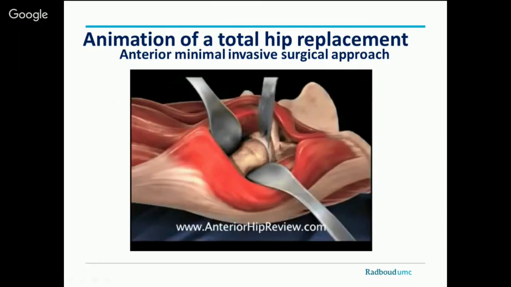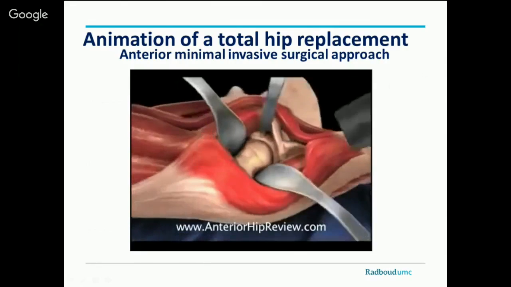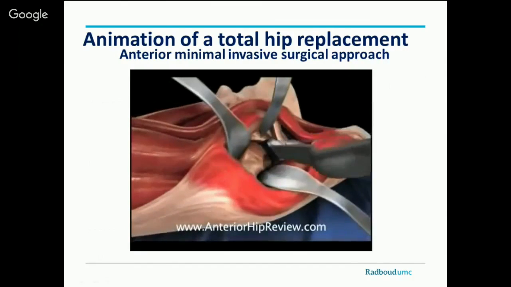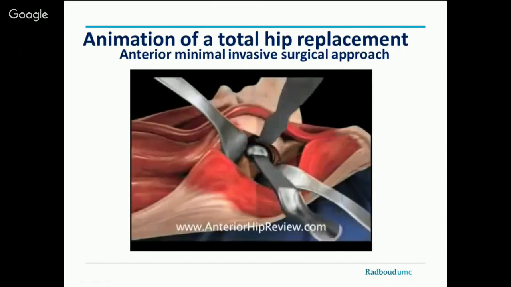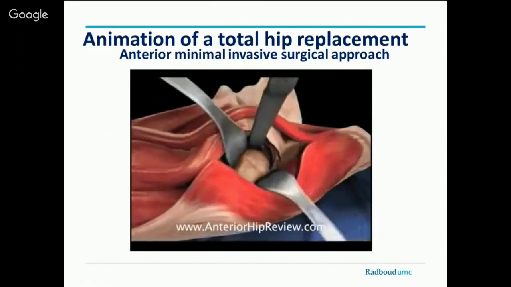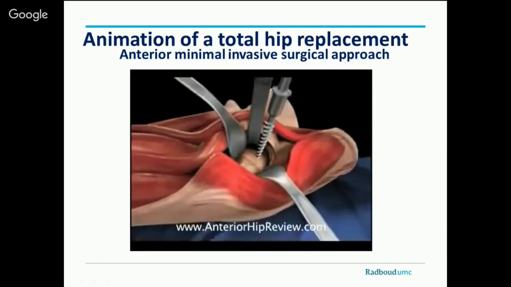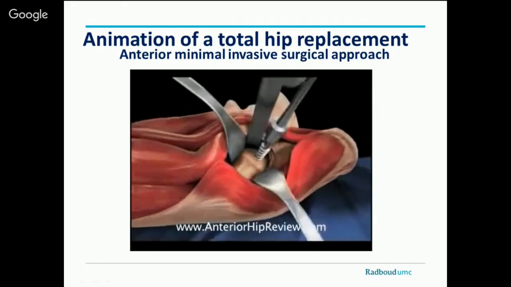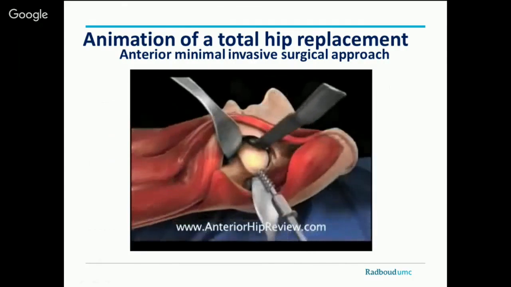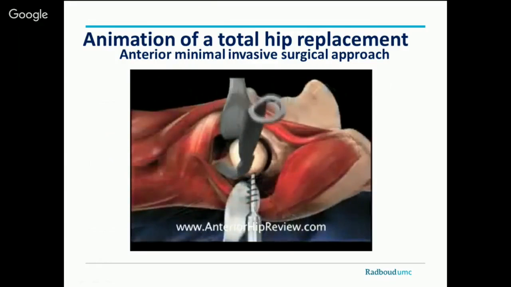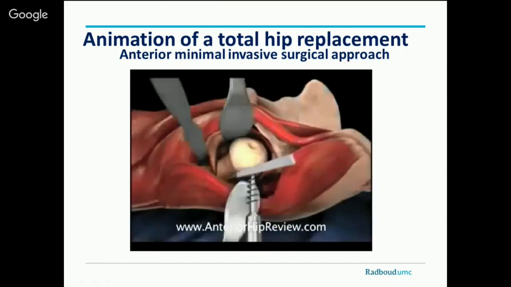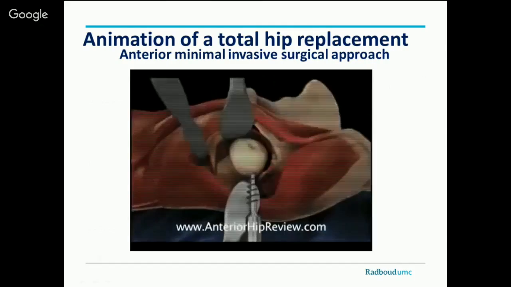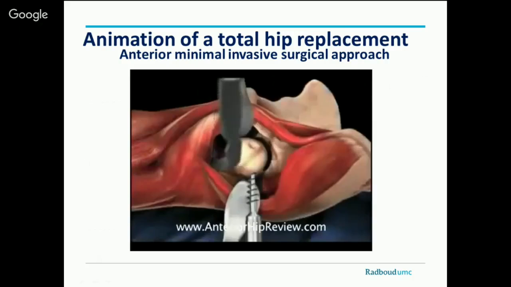At this stage, the hip can either be resected in place or it can be dislocated prior to making a femoral neck cut. In this animation, we demonstrate dislocation of the hip prior to making the femoral neck cut. Once the head and neck have been appropriately exposed, the capsular release is completed, and an oscillating saw is brought into the surgical field in order to remove the diseased and arthritic femoral head.